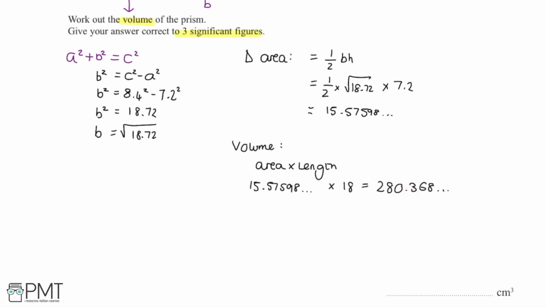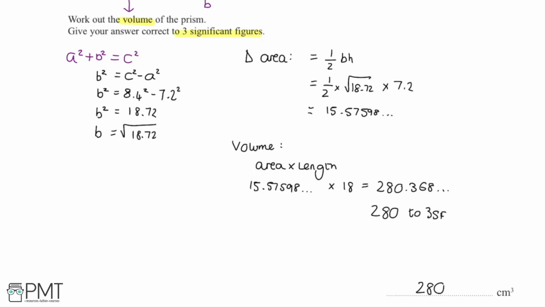It's a 3, and 3 is less than 5, so I'm rounding down. This takes us to an answer of 280 to 3 significant figures. So I can write in the answer of 280 here to gain the final mark for this question.